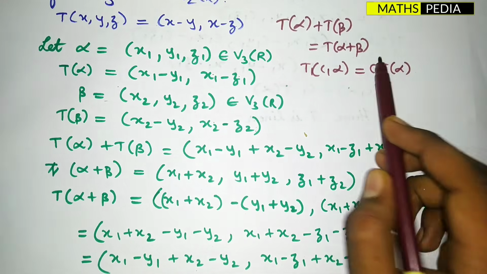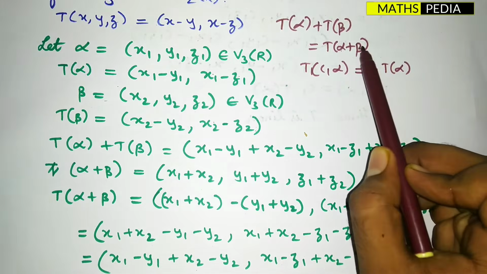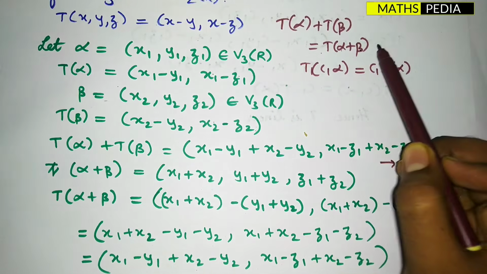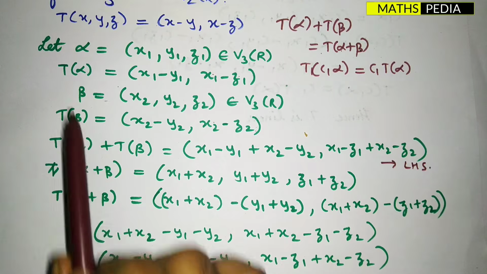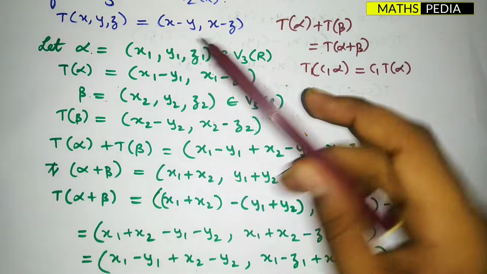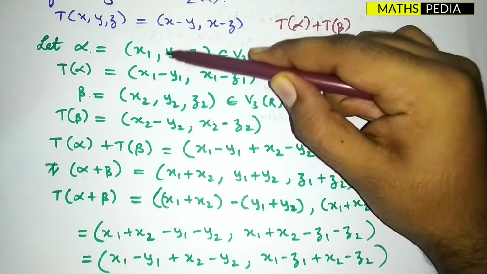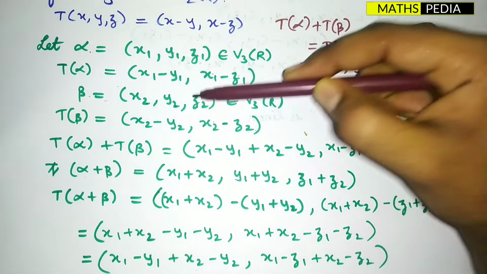Now we have to look into the RHS part. First we need to calculate alpha plus beta, then T of alpha plus beta. What is alpha plus beta here? Alpha is there, beta is there. Adding them: x1 plus x2, y1 plus y2, z1 plus z2.